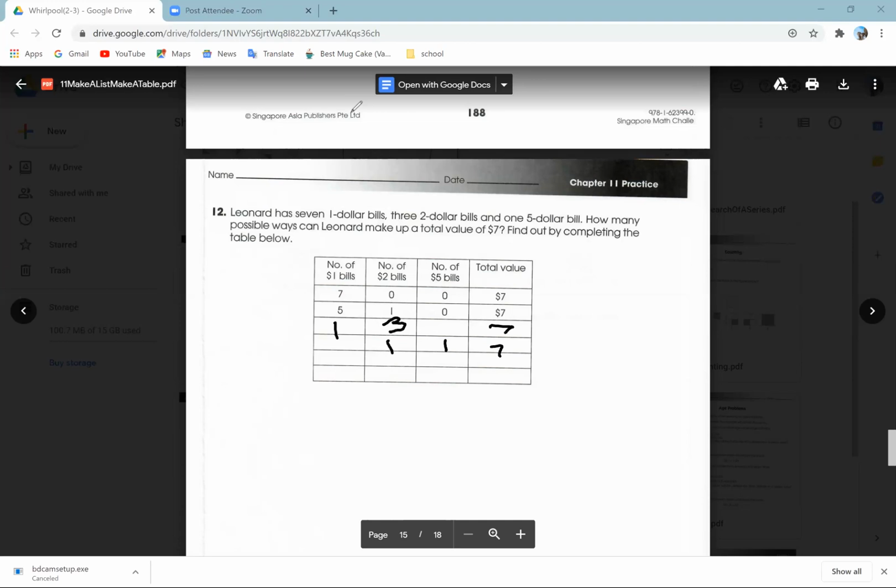Then we could do, actually for these two, I want you to think about it for a second. I want you to see if you can figure it out.